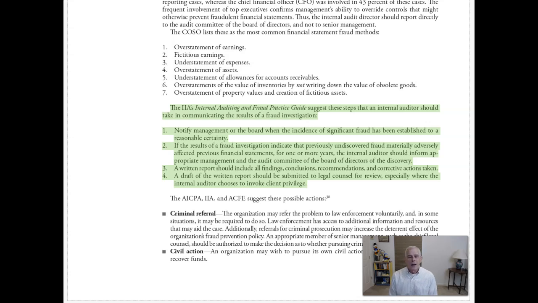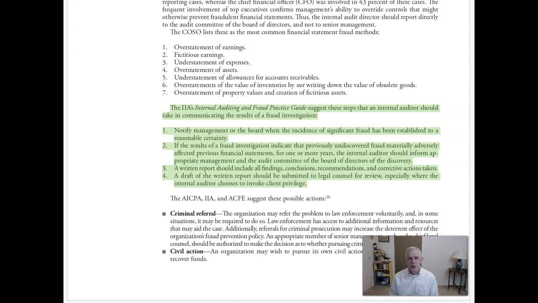But the IIA has a practice guide, and it says, on a fraud investigation, the results: if there is fraud and they do a fraud investigation, then you first notify management or the board when the instance of fraud, significant fraud, has been established to a reasonable certainty. We think we have found it. We need to inform you. And you can read the others.